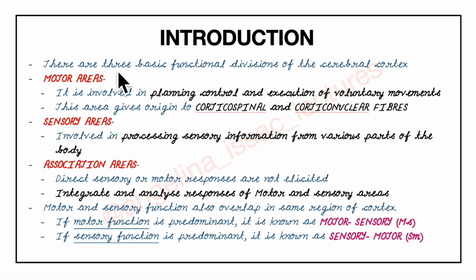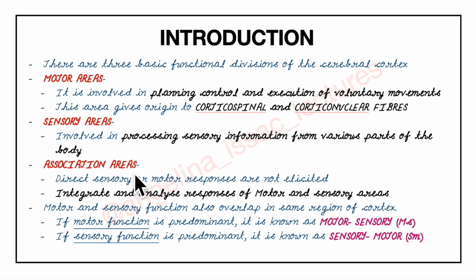Before moving on, let's concise the important points that we learned till now. There are three basic functional divisions of the cerebral cortex: the motor areas, the sensory areas, and the association areas. The motor area is involved in planning, control, and execution of voluntary movements. This area gives origin to the corticospinal and corticonuclear fibers. The sensory areas are involved in processing the sensory information from the various parts of our body.